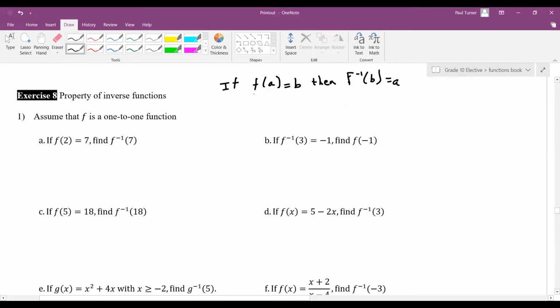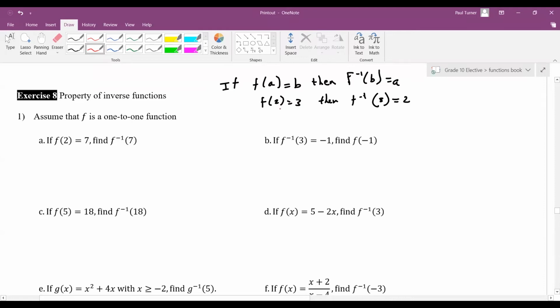So for example, if f(2) equals 3, so if you put 2 into your function, you'll get a 3 output. But if you put your output in, then f inverse of 3 equals 2. And you just notice how they swap around. That's the main thing to notice here.